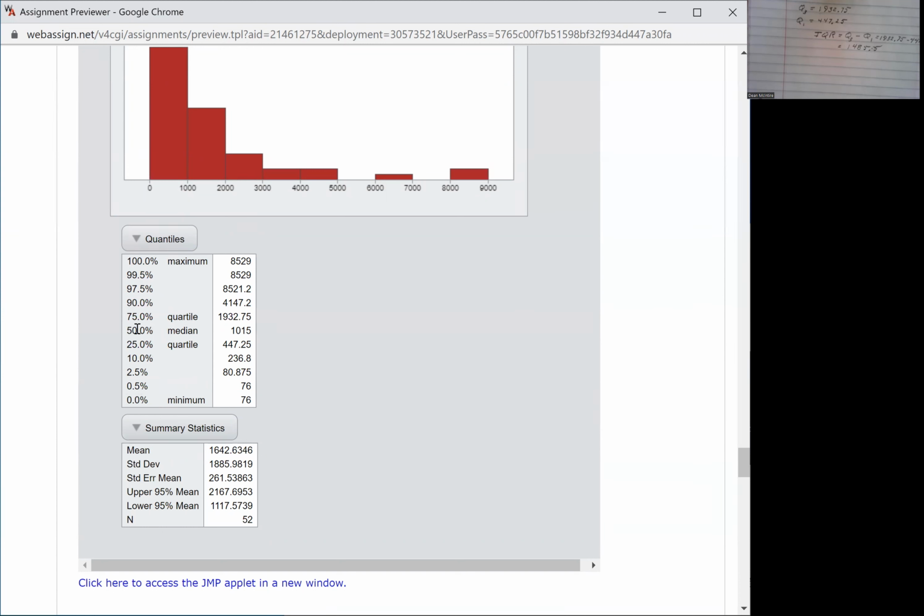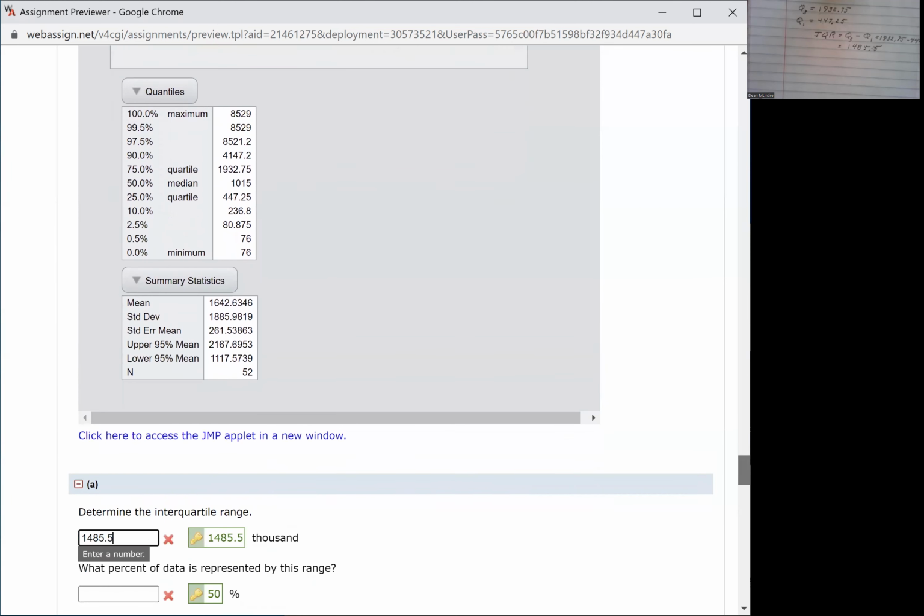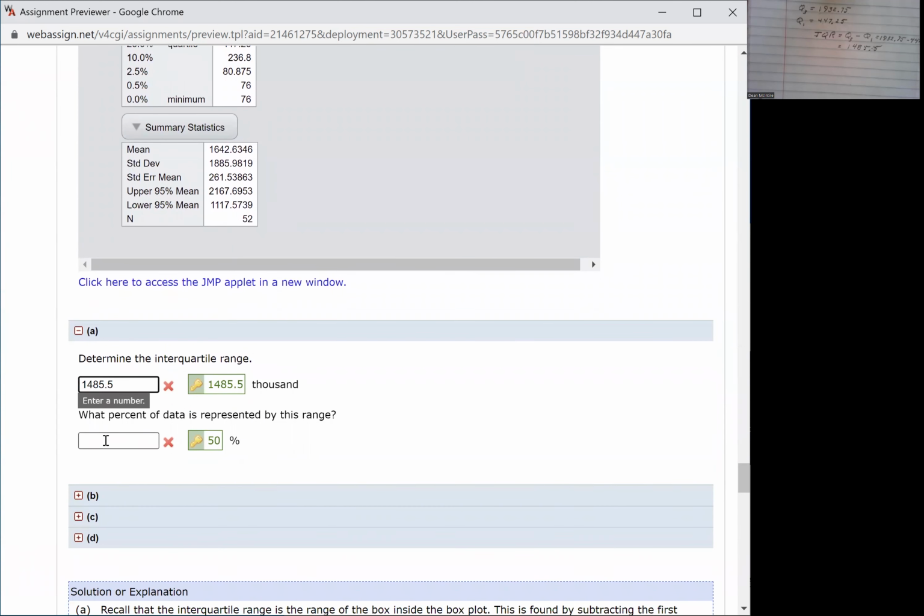So if we take the 75% minus the 25%, we get 50%. So the answer to that is 50%. Okay. That wasn't difficult. Now let's go to B.